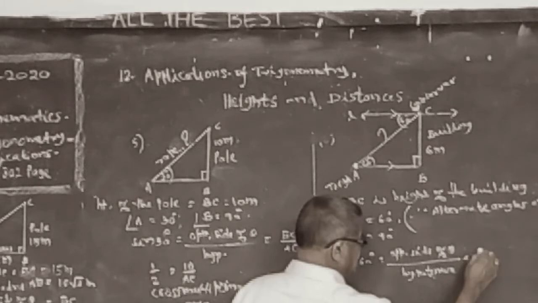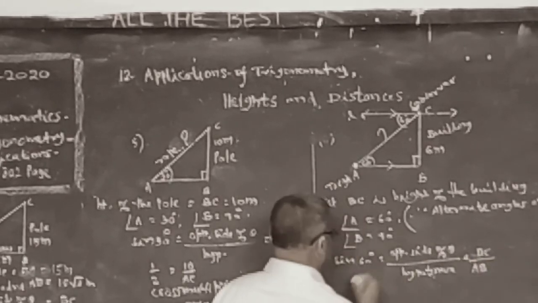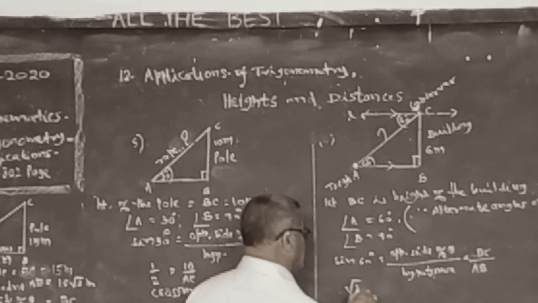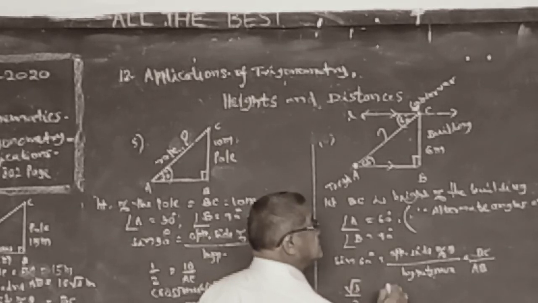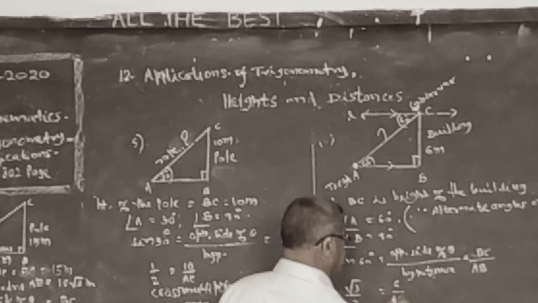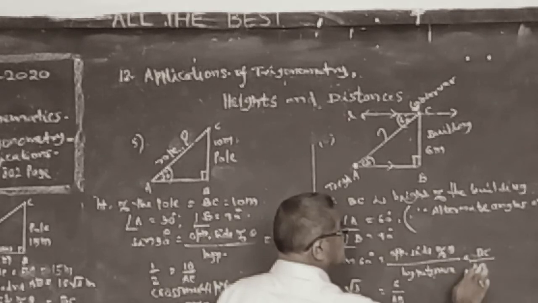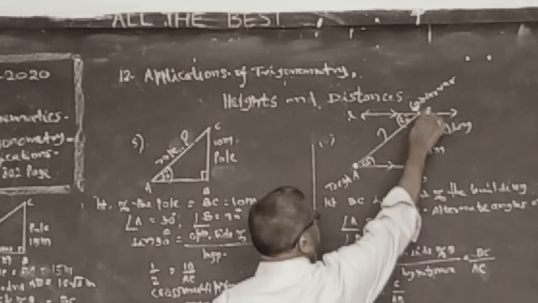This is BC by AC. Sin 60 is root 3 by 2, and BC is 6 by AC. We have to find AC, the hypotenuse.